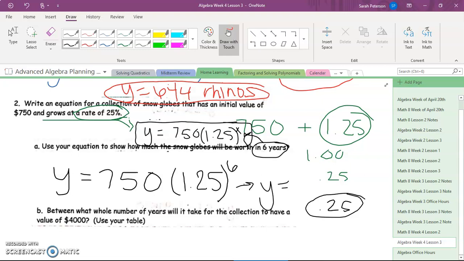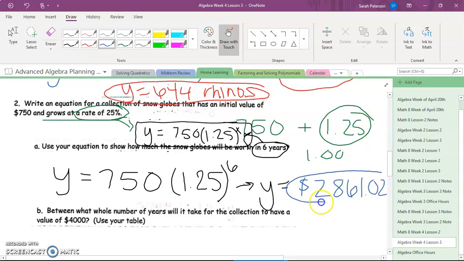Since we're talking about worth or price, I'm going to round to the nearest hundredth. Your answer is going to be $2,861.02. So that's how much the snow globes will be worth in 6 years.